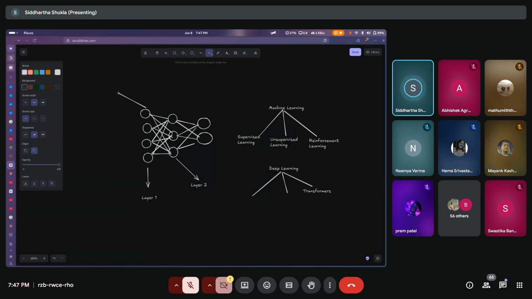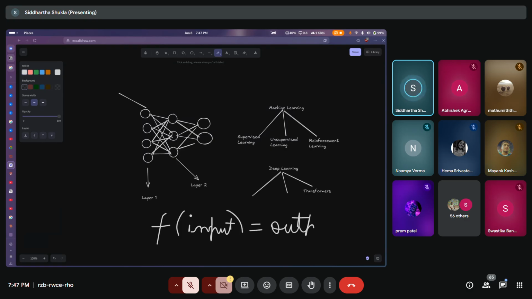What we are concerned with as users are just the input and output, because neural networks essentially are functions that map an input to an output.